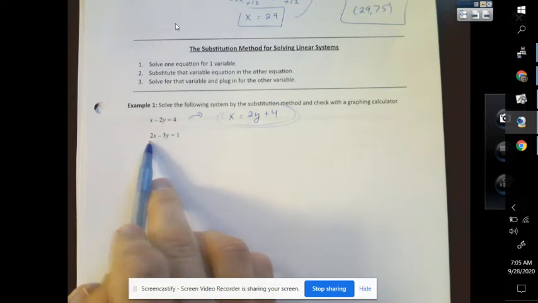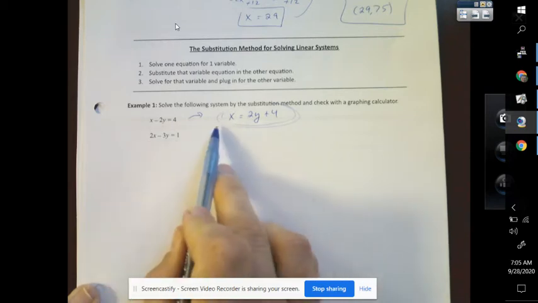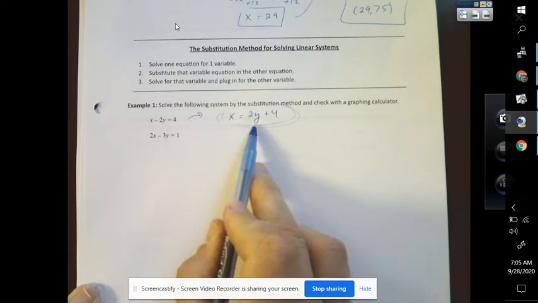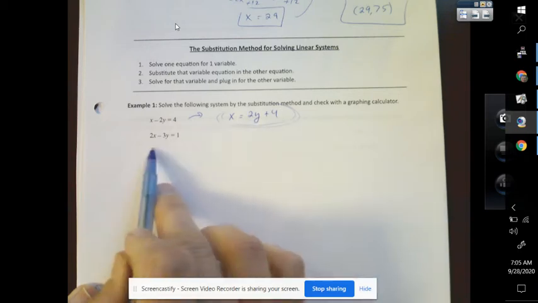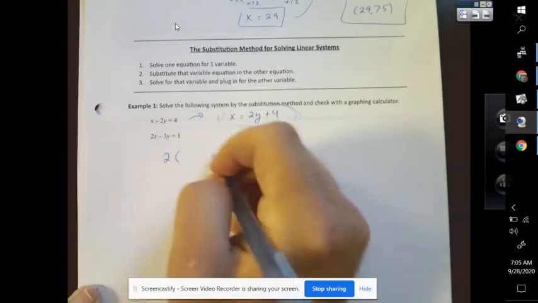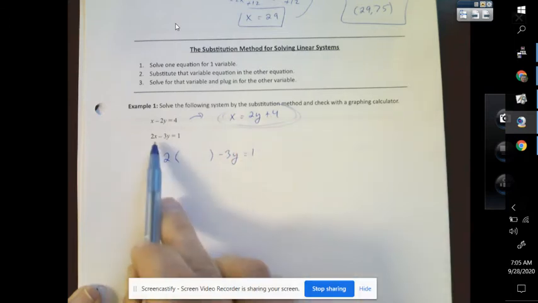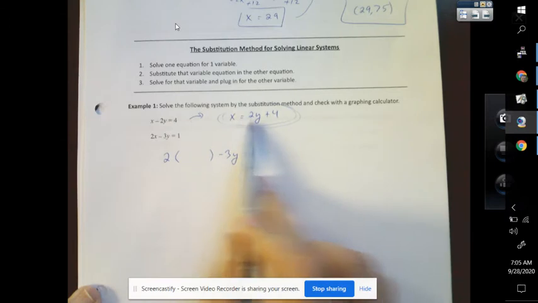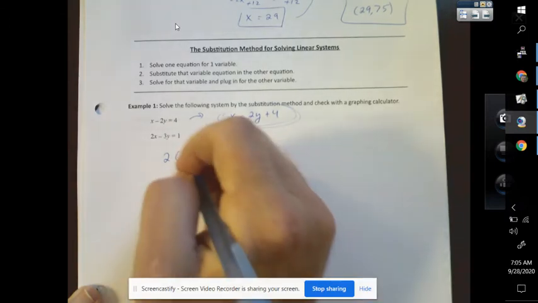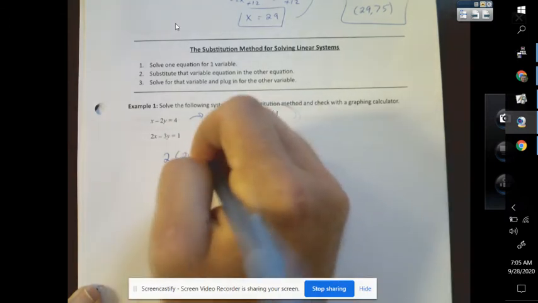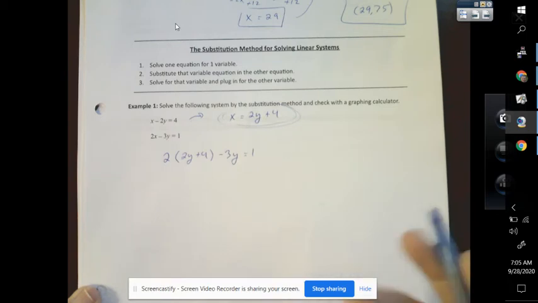What we're then doing is using this to substitute into my second equation. It says 2x minus 3y equals 1. Well, up here I know that x equals this quantity. So looking at my second one, 2 times x minus 3y equals 1, I'm going to replace x with all of this: 2y plus 4. Cool, that's the substitution method.